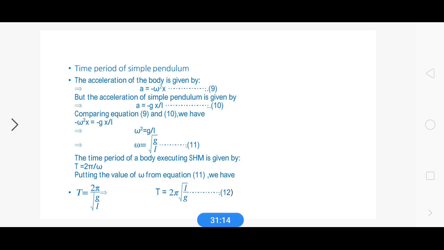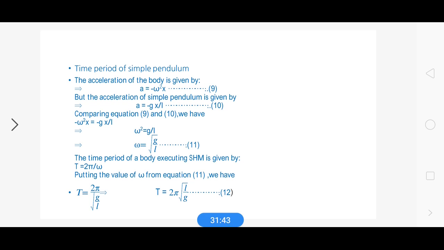T is the time period, L is the length of the pendulum, and g is the acceleration due to gravity. So T is equal to 2 pi under root of L by g is the time period of the simple pendulum. It is in simple harmonic motion.